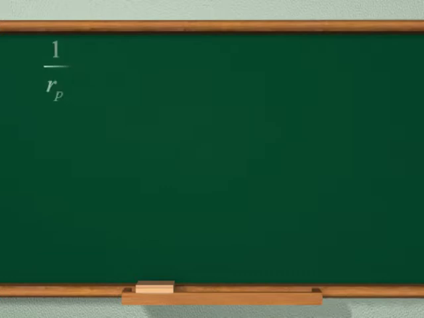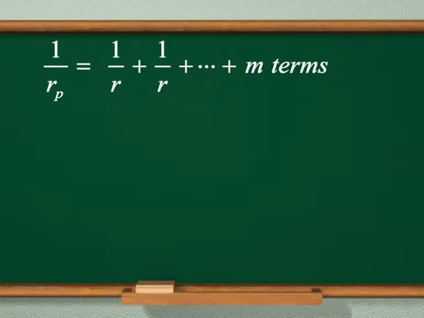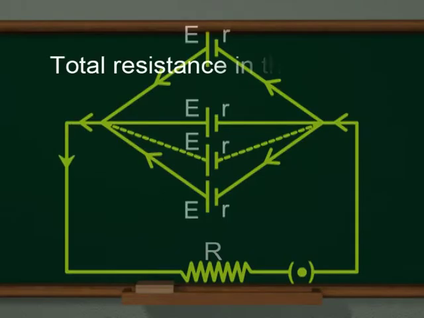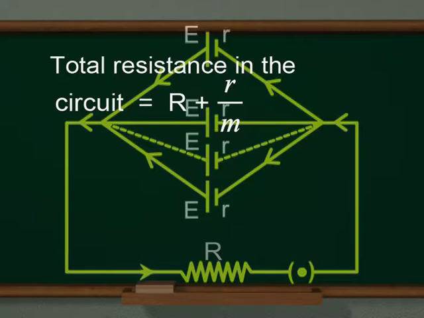As the cells are connected in parallel, their equivalent internal resistance 1 by Rp is given by 1 by Rp equal to 1 by r plus 1 by r plus and so on up to m terms. This becomes equal to m by r, or Rp is equal to r by m. As R and Rp are in series, the total resistance in the circuit is equal to R plus r by m.